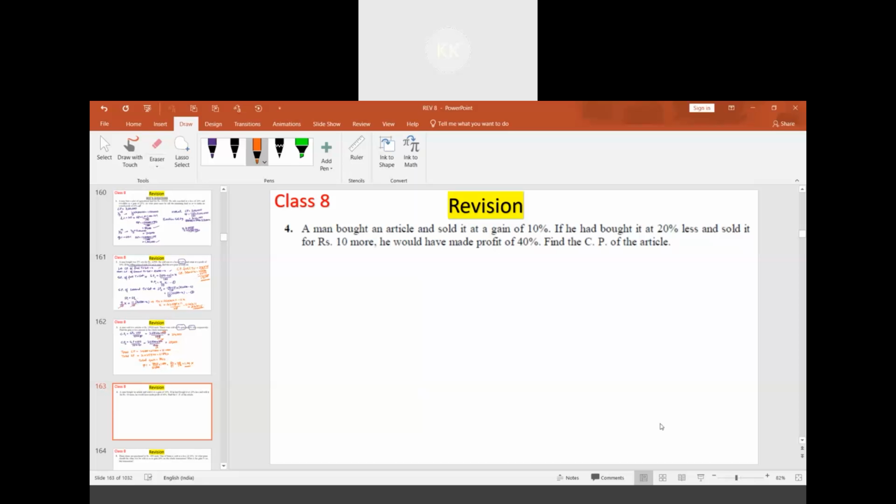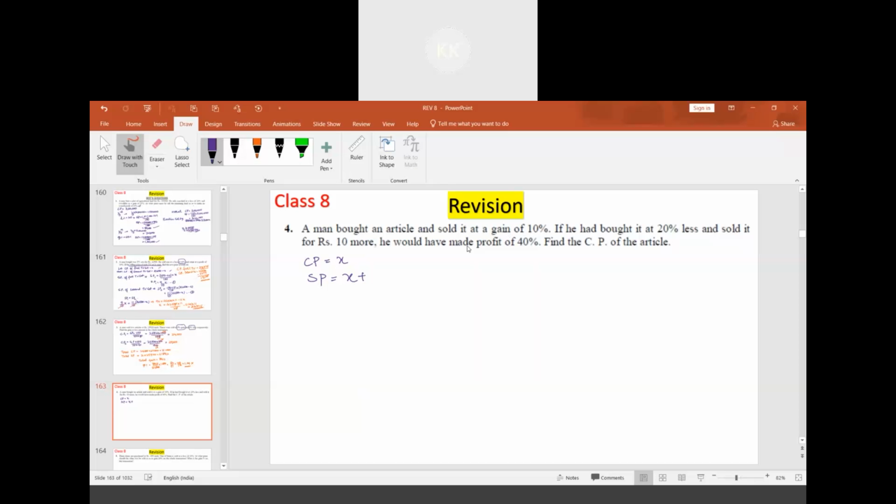The man has bought an article and sold it and got a 10% gain. Let me take X as the cost price. The selling price will be the cost price plus the profit.